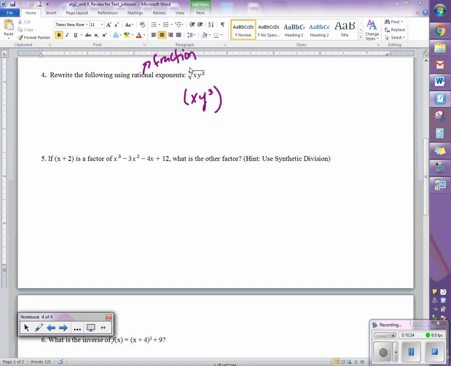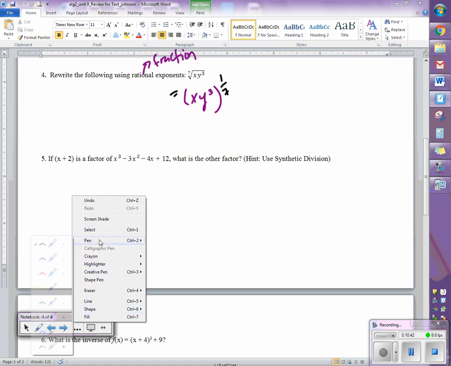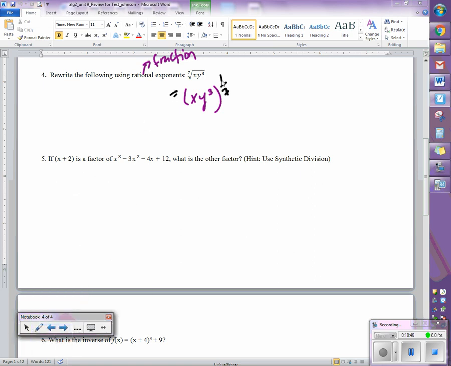So the root is a seventh root. So the 7 will go in the denominator of my fraction and a 1 will go up top. So the 7th root is the same thing as the power of 1 over 7. You then distribute that power to everything inside the parentheses.